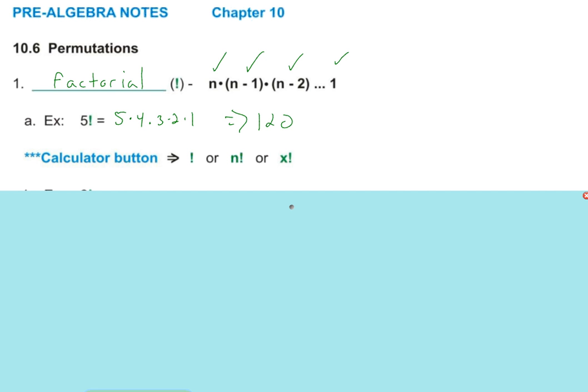Oh, this one is right there. It's going to be right on the thing. I think yours is in stat or in data. No, not in stat, not in data.